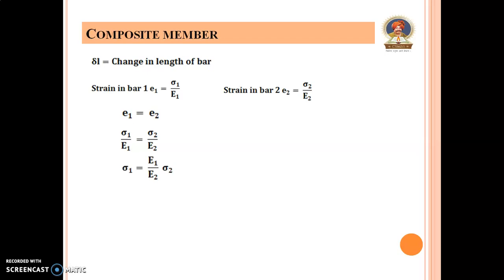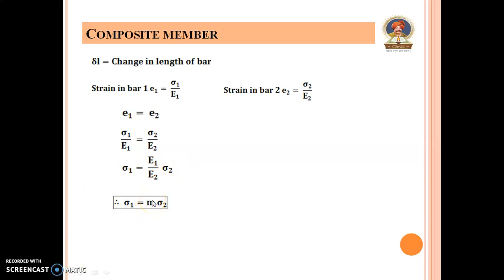So the equation is sigma 1 is equal to capital E1 upon capital E2 into sigma 2. Here capital E1 upon capital E2 is the ratio of two different moduli of elasticity, which is denoted by M. M is the modular ratio.